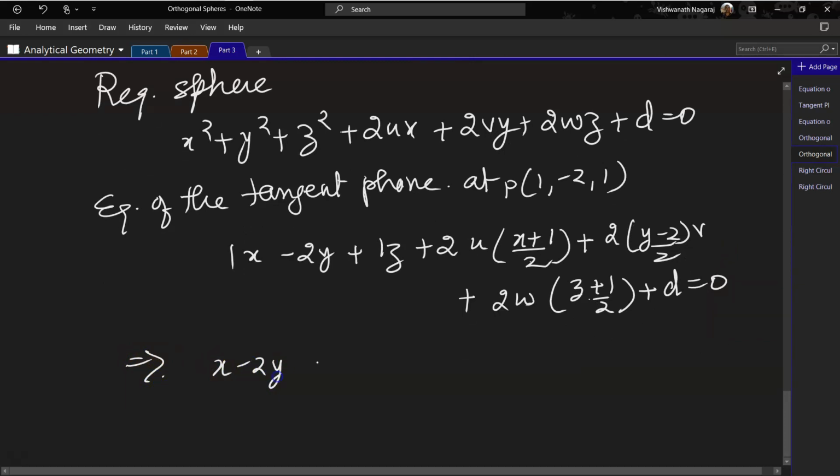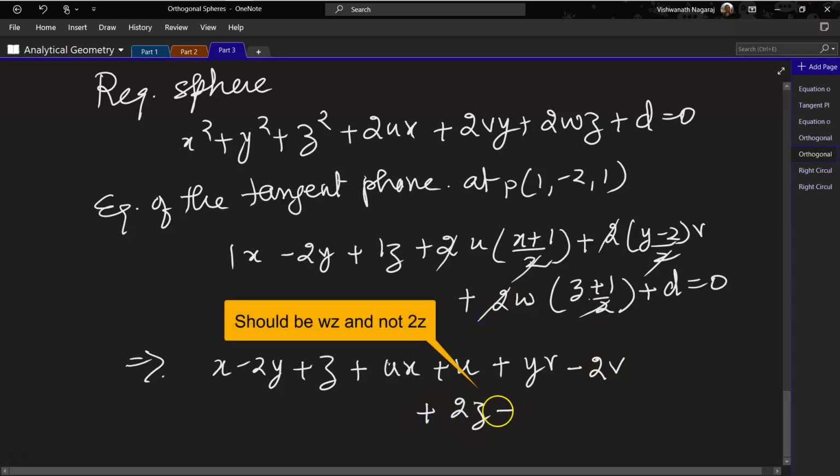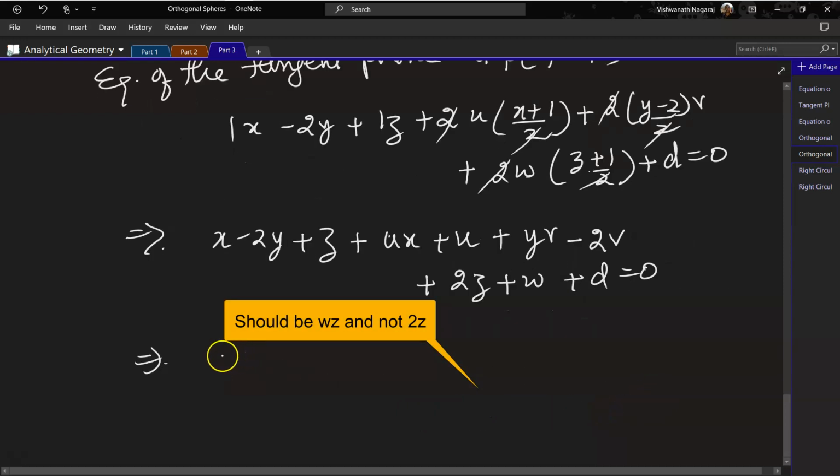Let's simplify this. x minus 2y plus z. This 2 and 2 cancel, so plus ux plus u. Again 2 and 2 cancel, plus vy minus 2v, again 2 cancels, plus wz plus w plus d equal to 0. Let's take it further.